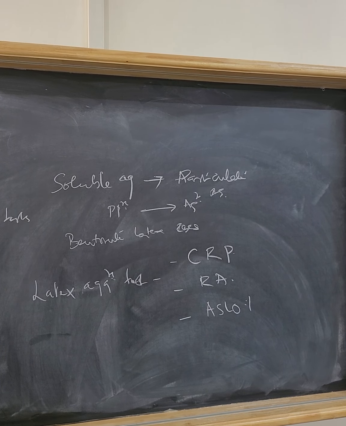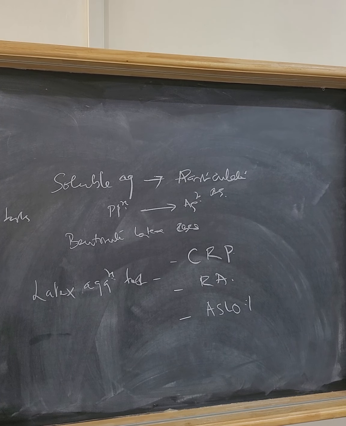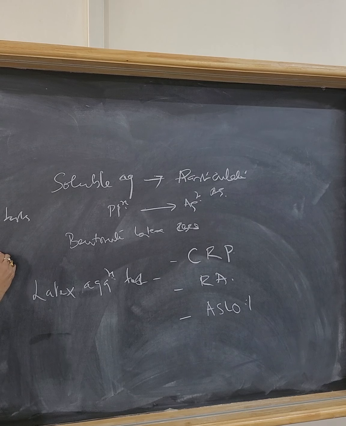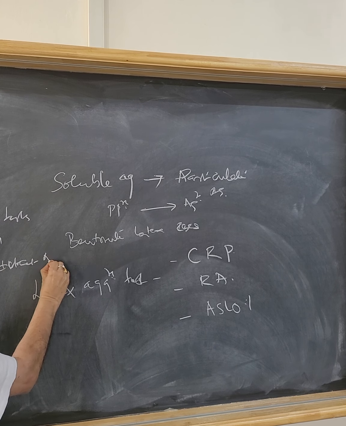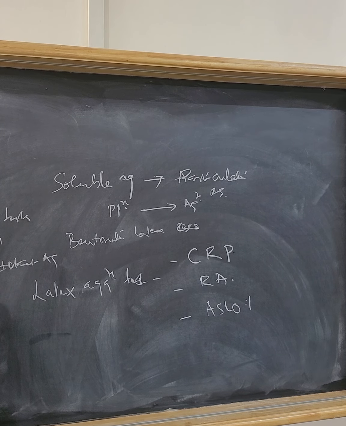Instead of tagging antigen, if you tag antibody onto the latex particle to detect the antigen, it is called reverse passive agglutination test. This is passive agglutination, and this is reverse passive agglutination test.